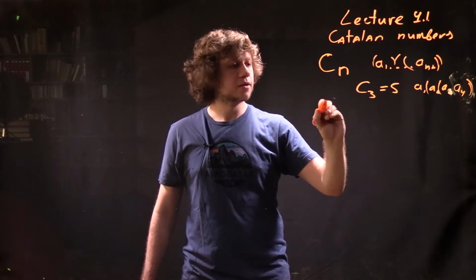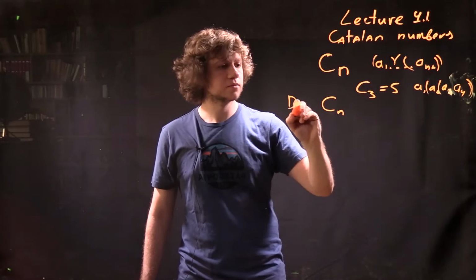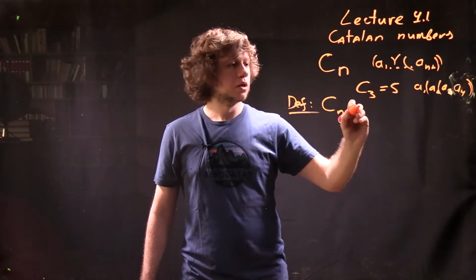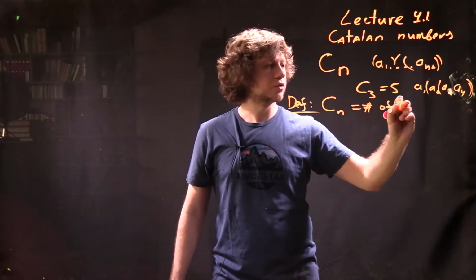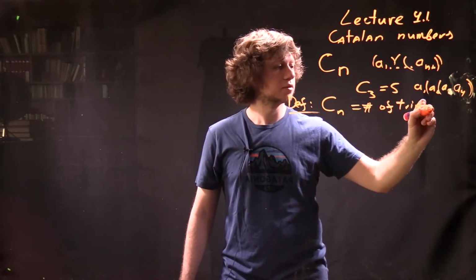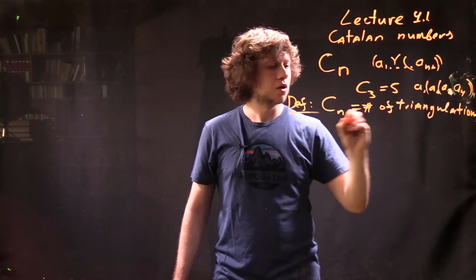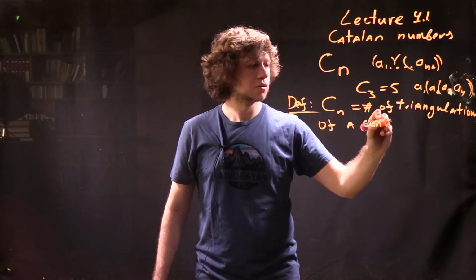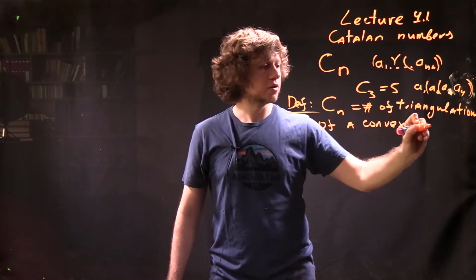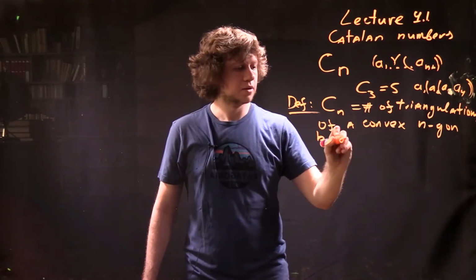So Cn is by definition the number of triangulations of a convex n-gon by diagonals.